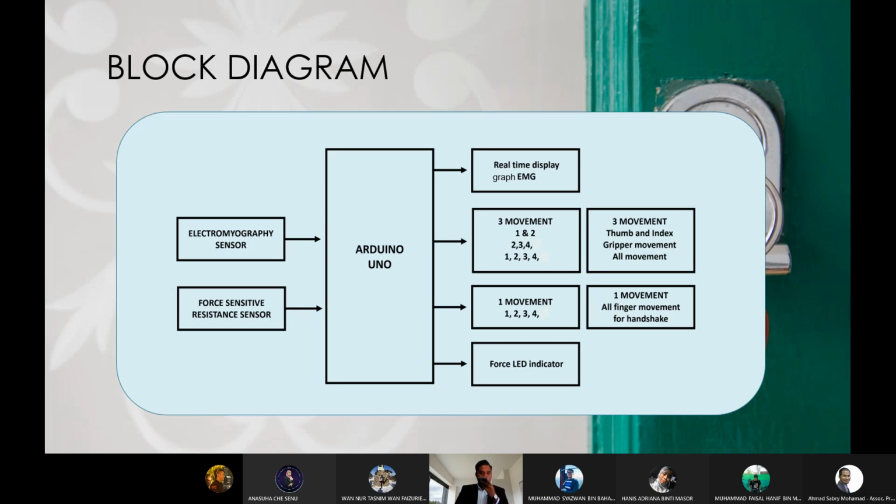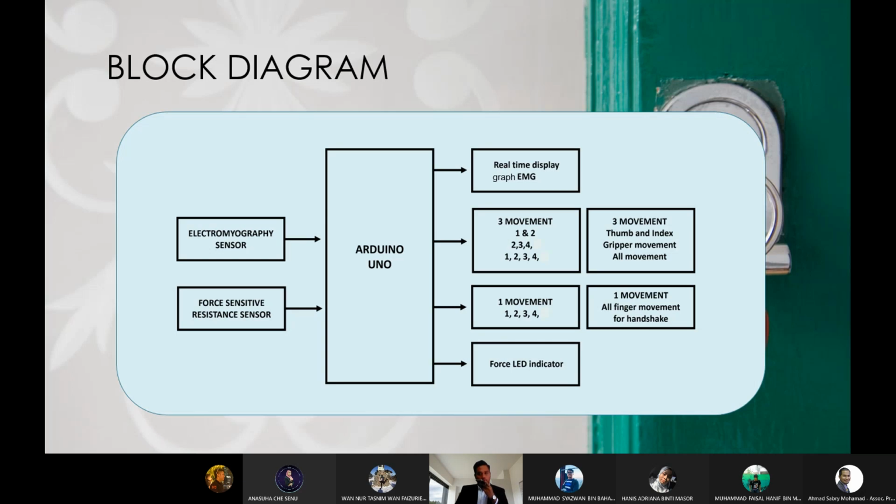The EMG sensor and FSR sensor act as the input, and the Arduino Uno acts as the processing part, and the output will be a real-time display graph of the EMG. Three movements for the output of the EMG sensor.